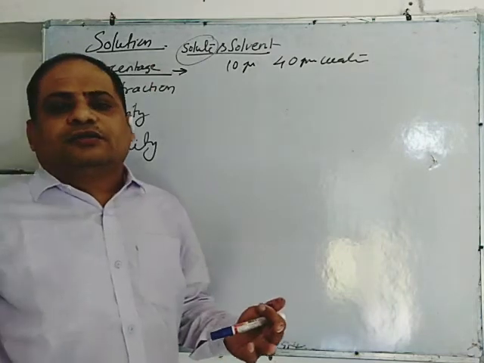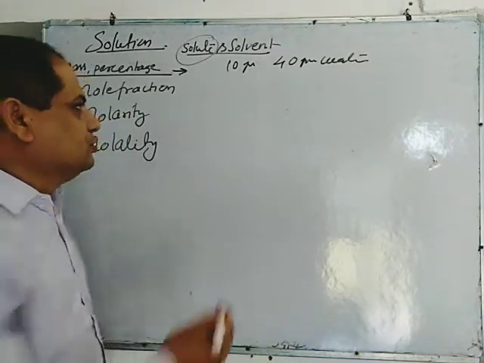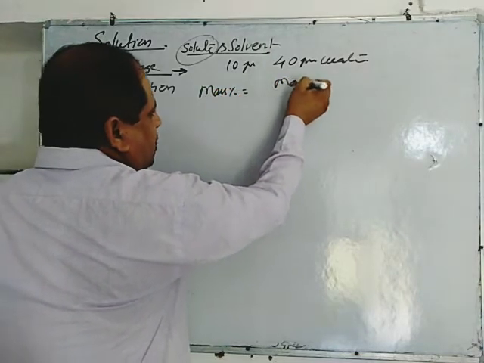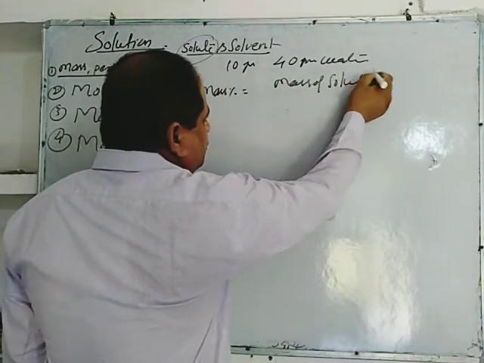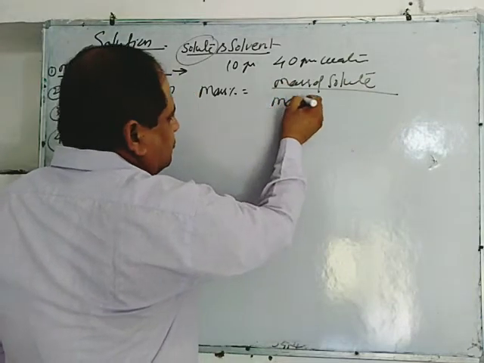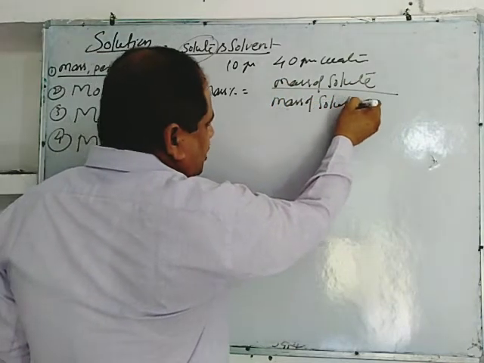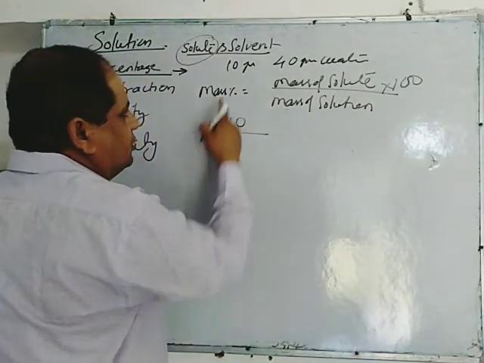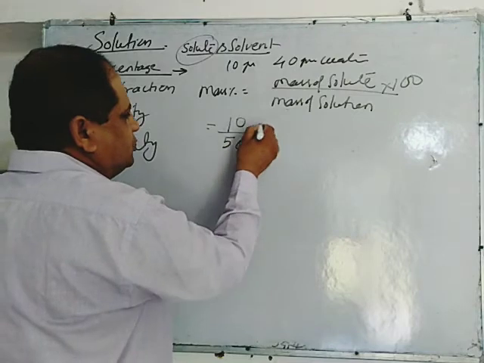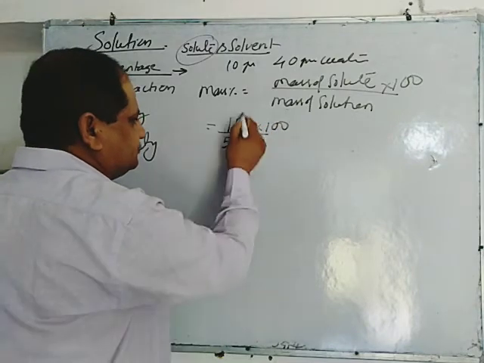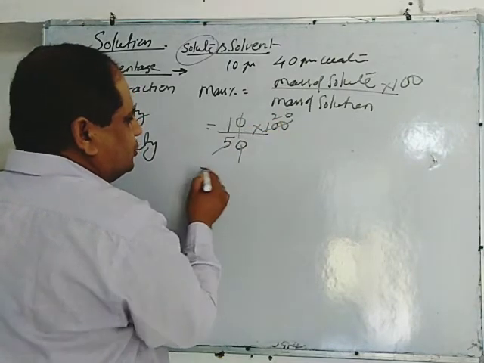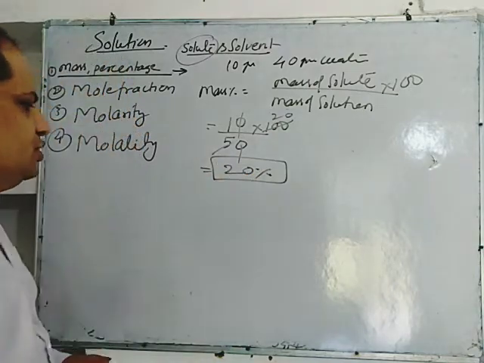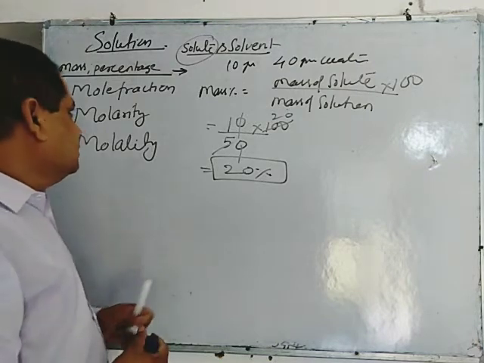What will be the mass percentage of the solution? Mass percentage equals mass of solute upon mass of solution into 100, equal to 10 upon 10 plus 40, means 50, into 100. So it is 20%. The mass percentage of the solution is 20%.